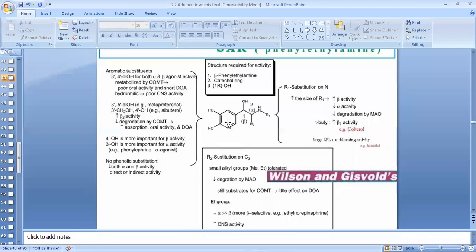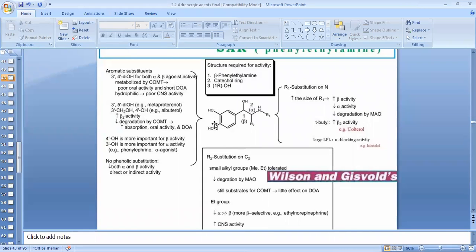Now we are going to discuss the individual significance of the 3-hydroxyl group and the 4-hydroxyl group. This 4-hydroxyl group is more important for which type of activity? Beta activity. This hydroxyl group is important to show the beta activity, as compared to the 3-hydroxyl group, which is important for the alpha activity.